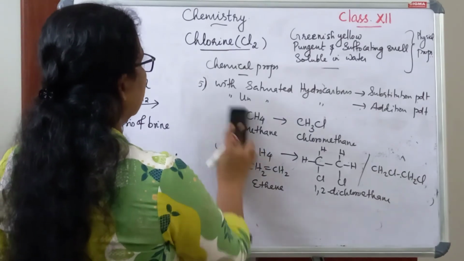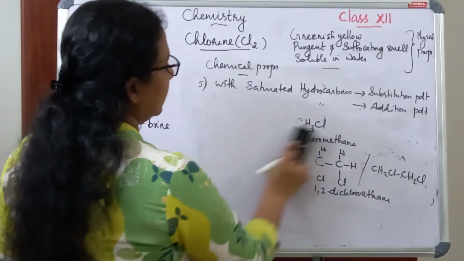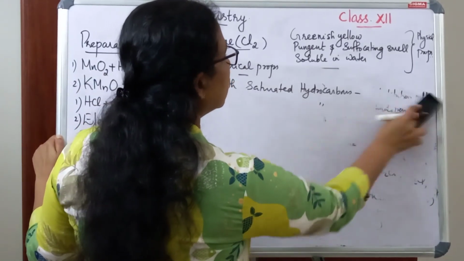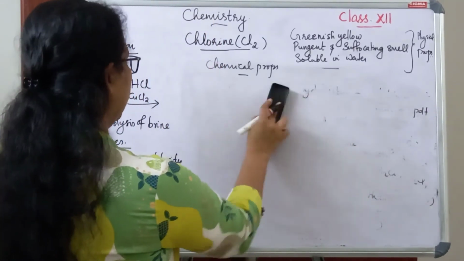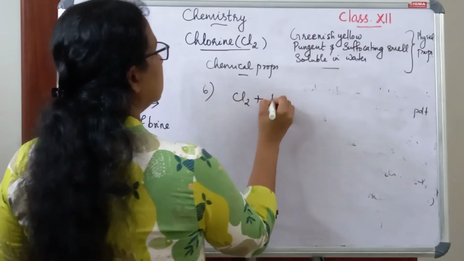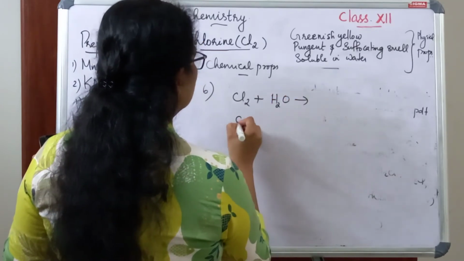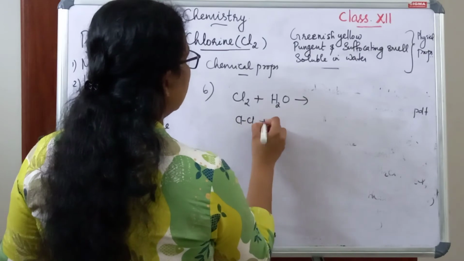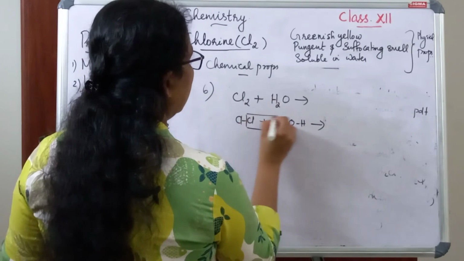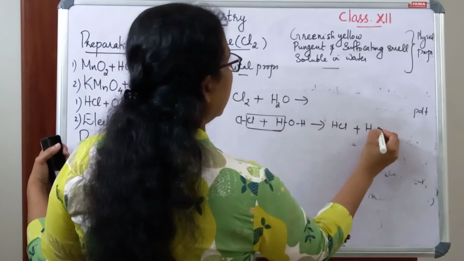Now let's see the reaction with water. We have seen it is soluble in water. So let's see the reaction. Cl2 plus H2O, we can write as Cl2 plus HOH, giving HCl plus HOCl or HClO.